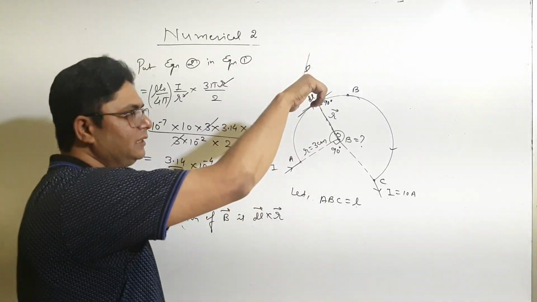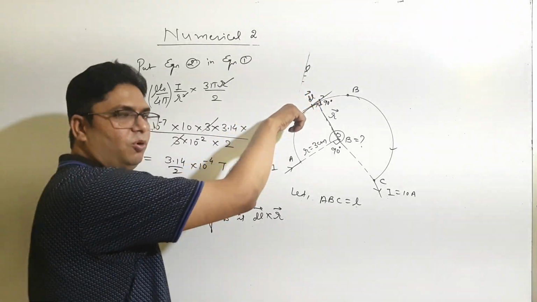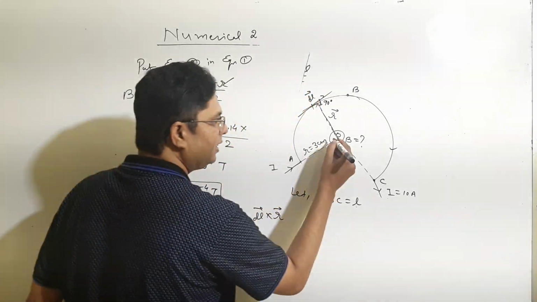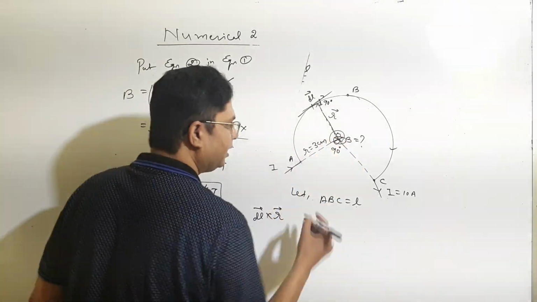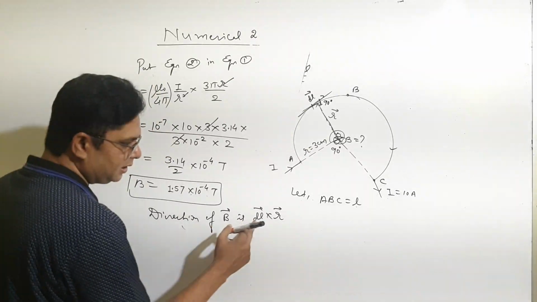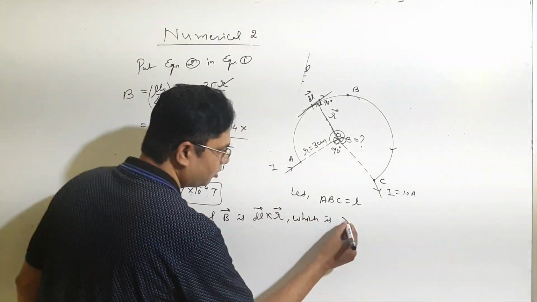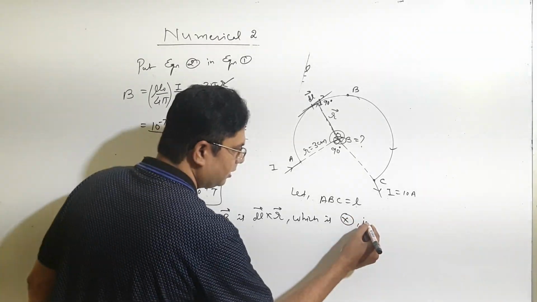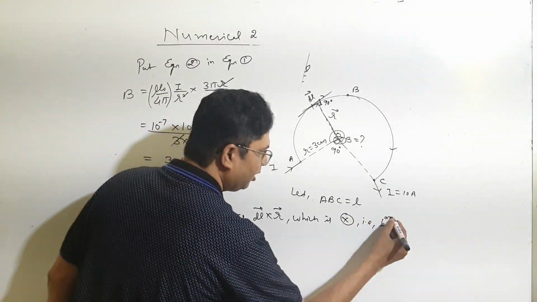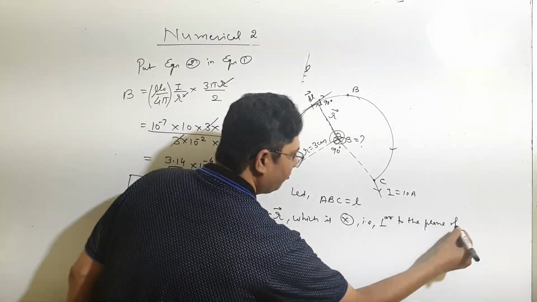The thumb is inside the board. This means that the magnetic field is inside the board. So here you have the magnetic field like a cross sign. The direction of B is dl cross r, which is cross, that is, it is perpendicular to the plane of paper.